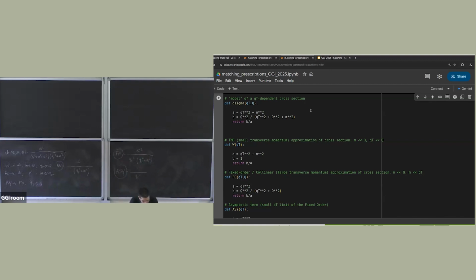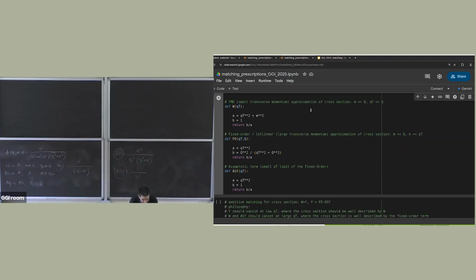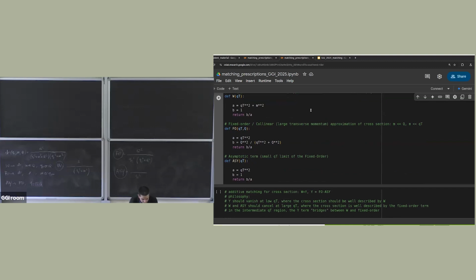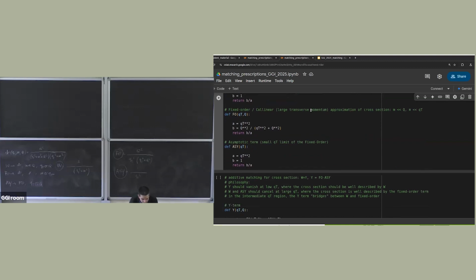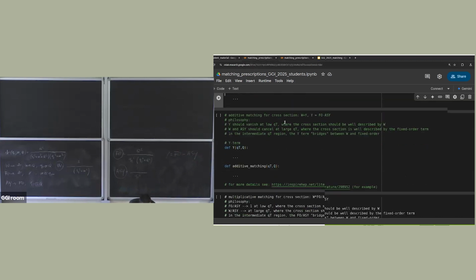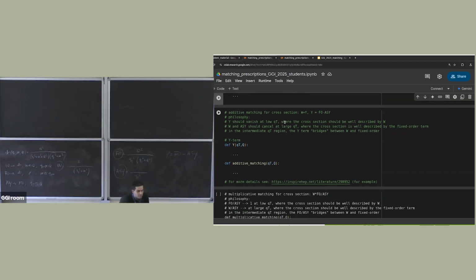So let's try to build the additive matching. Please implement Y as the difference of fixed order and asymptotic. That's the definition of the Y function.